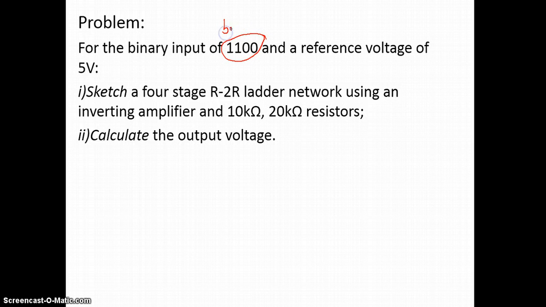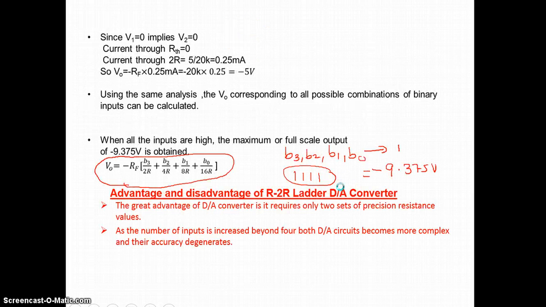This is B3, B2, B1, B0. So B0 is 0, B1 is 0, B2 and B3 are connected to 5 volt. In that circuit you just have to modify it like that and calculate the output voltage. You know the output voltage expression here, it is minus RF into this. So just use that equation and get the answer.